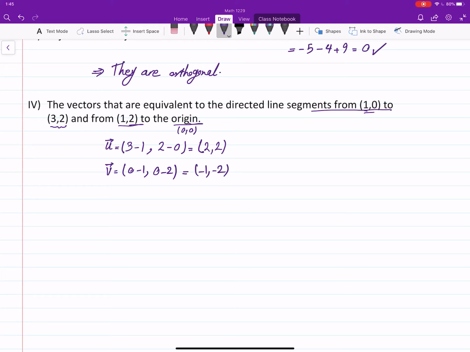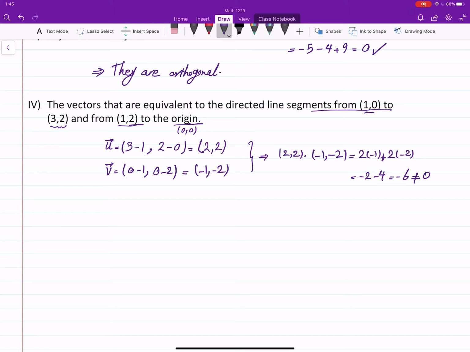Now I have two vectors. To check their orthogonality, we need to find their dot product. This is 2 times -1, 2 times -2, and then add them. This gives us -2 minus 4, which is -6.